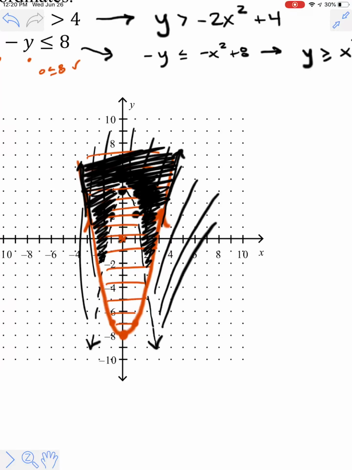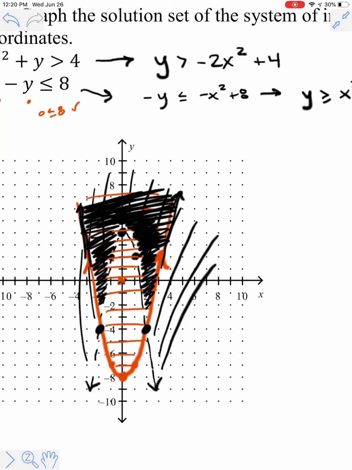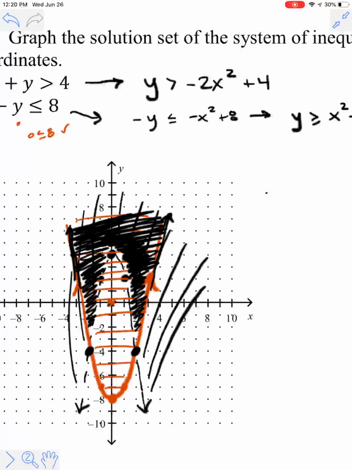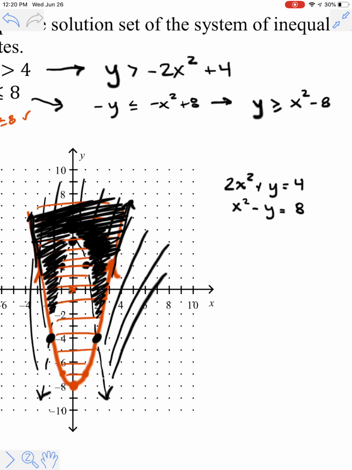Now the location of the vertices would be where those two graphs intersect, right there and right there. Graphs intersect by solving systems of equations, not inequalities, so I'm going to rewrite the system as a system of equations and solve it. I already have opposite coefficients for y, so let me add that the right way.